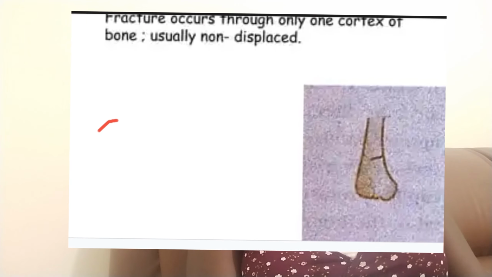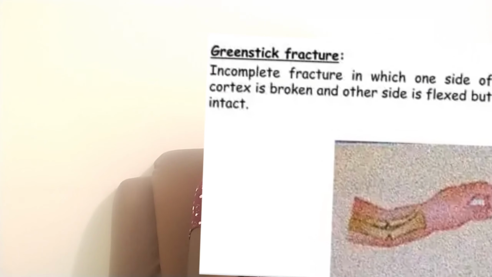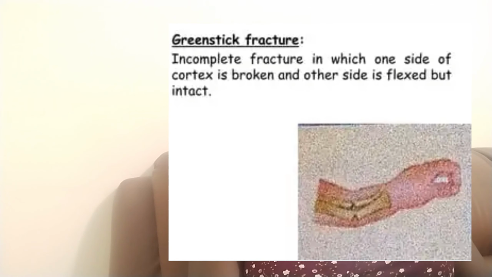Then we have incomplete fractures. Incomplete fractures are fractures that are incompletely divided and the periosteum remains in continuity. For example, greenstick fractures, which are usually a bend, and mostly occur in children.